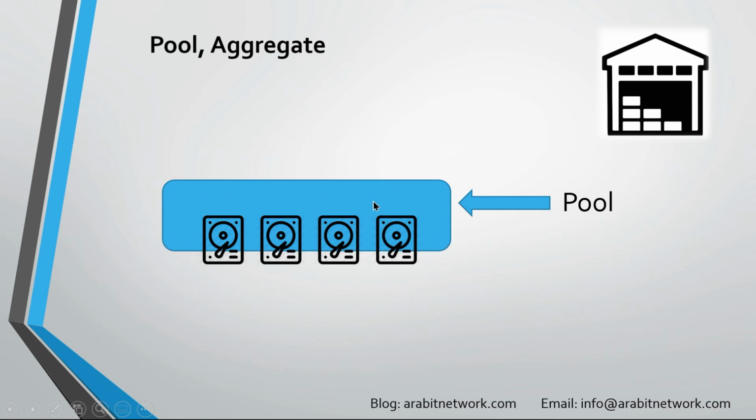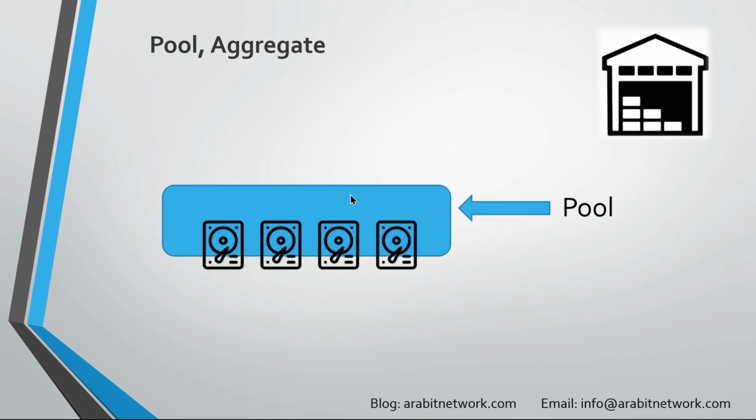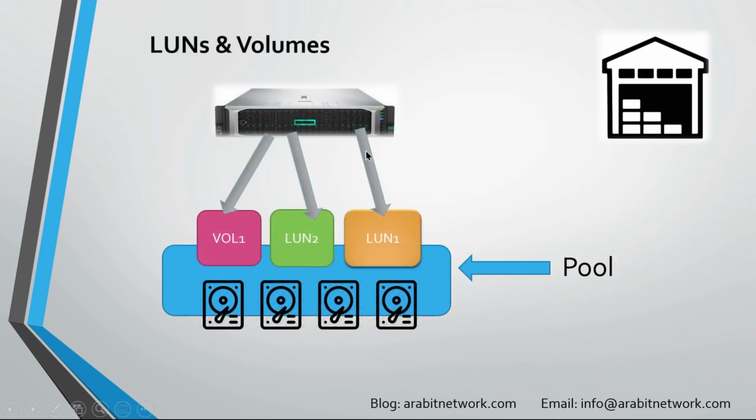You could start carving it to have units that could be assigned to your servers. You could create a LUN, you could create a volume for file shares. A volume could be used for file shares like NFS, CIFS, and some other protocols.